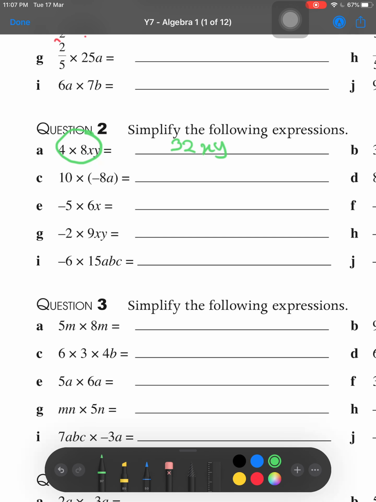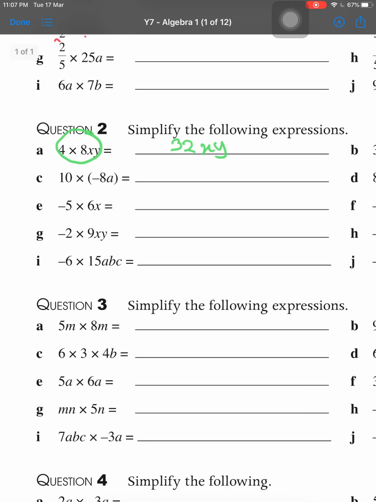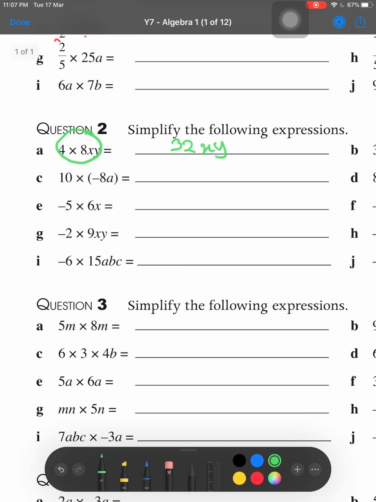Done. Okay, now if you look at, for example, question G, you can see that it has one negative number and one positive number. So when you multiply two different signs, the final answer is always a negative. Okay, good.